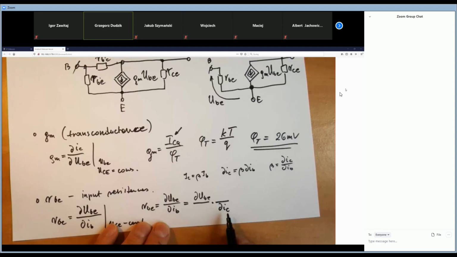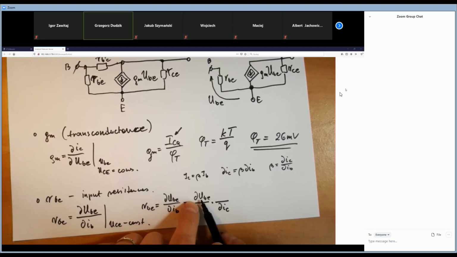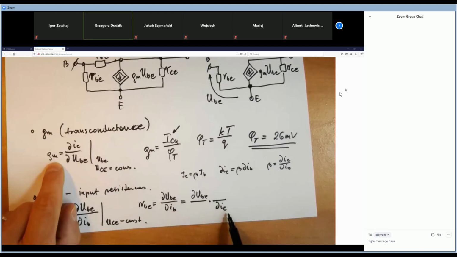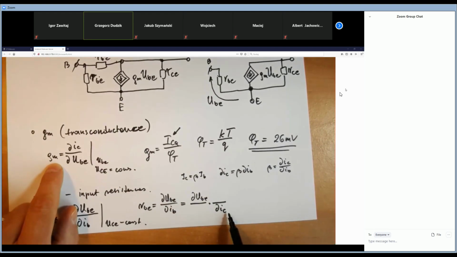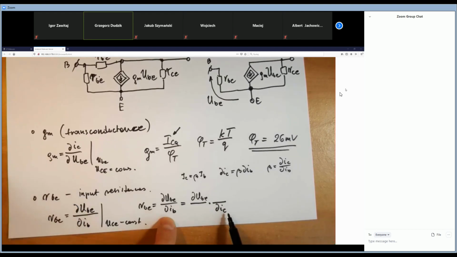I have to put in the same values, the same parameter, and then I will not change the RBE formula. As you see, UBE over IC is GM.